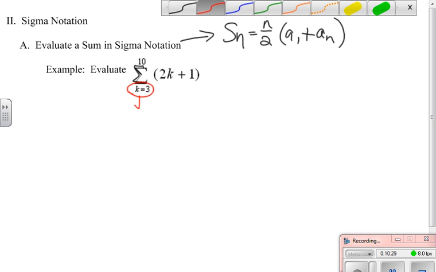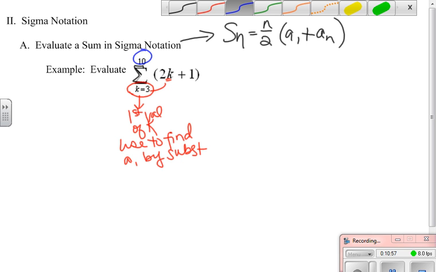This k equals 3, whatever the k equals on the bottom, is your first value of k. So that's kind of your initial value where you start. You use this to find A1 by substitution. So you let this k equal whatever that value is, and that gives you A1.